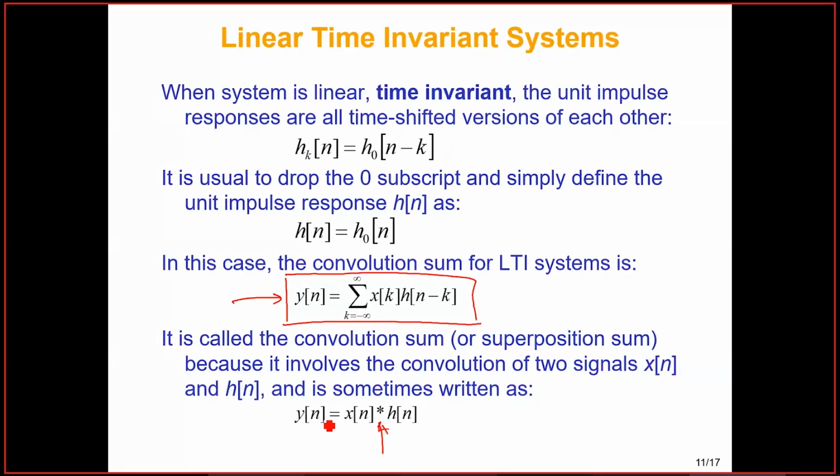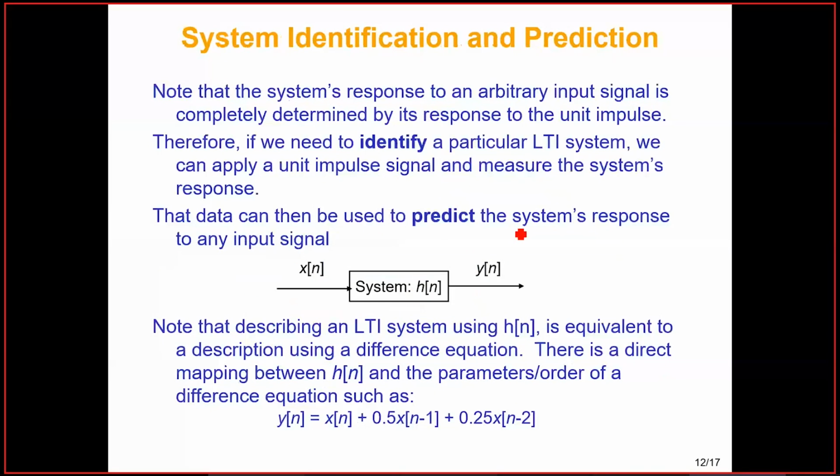This is what we covered last time also: if you give x of n as an input to any system whose impulse response is known, we can find out the output just by convolving x of n with h of n. And this is the symbol for convolution. And what does convolving mean? It means the convolution sum. It means this summation that you see right here. So this star symbol actually means this convolution sum. This is what we covered last time also. I'm just quickly going over it.